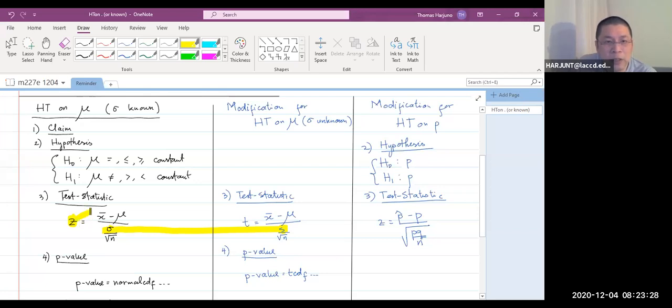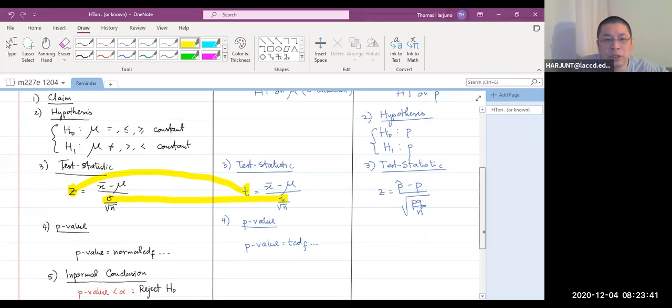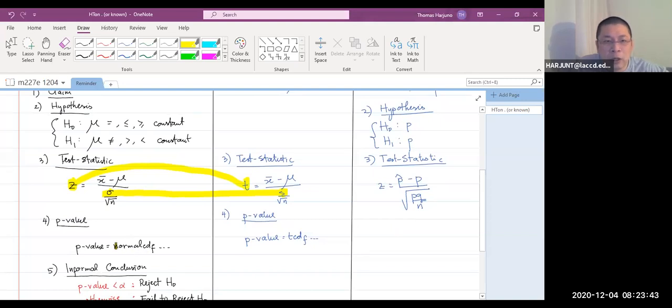For that reason, the test statistic becomes T. But computation-wise, it's still the same, okay? Because we use the T distribution, the p-value, which was originally the normal CDF, now becomes T CDF.